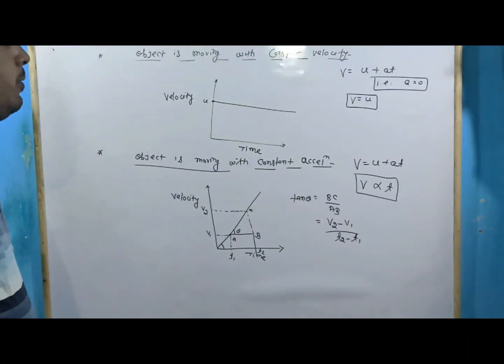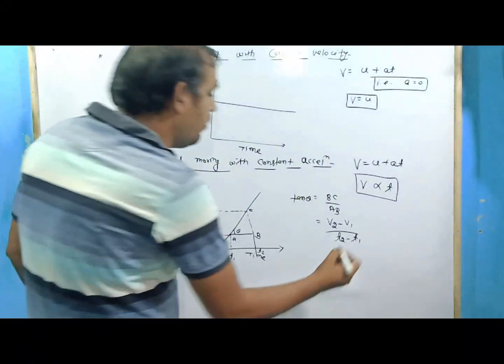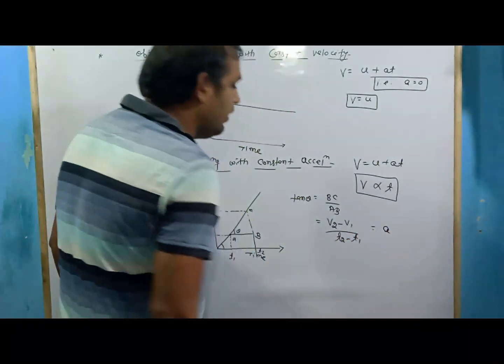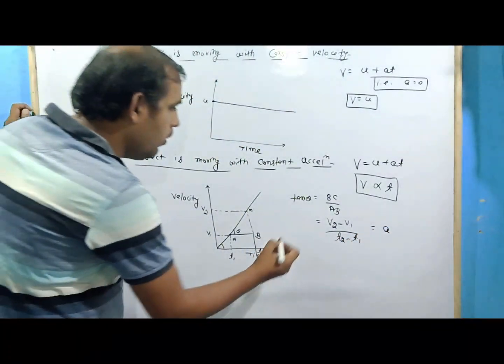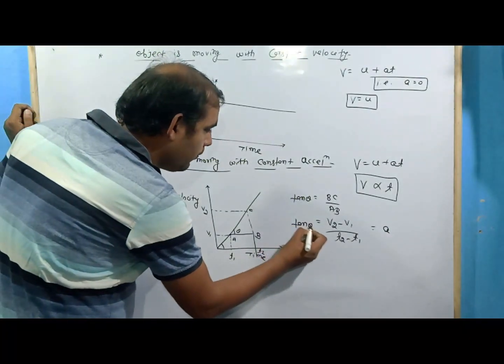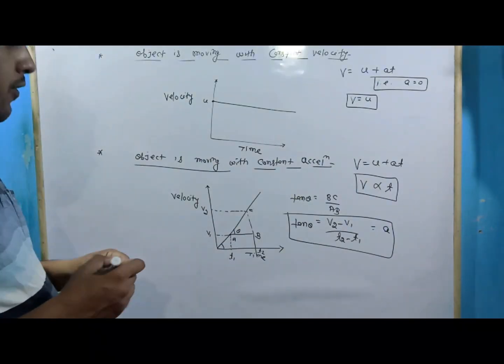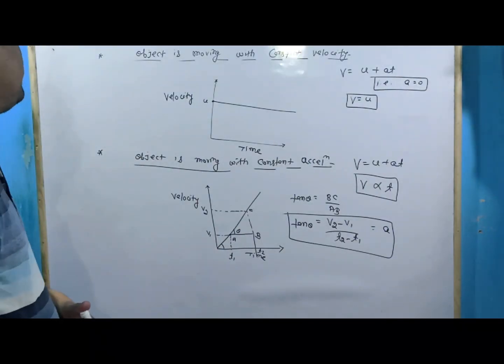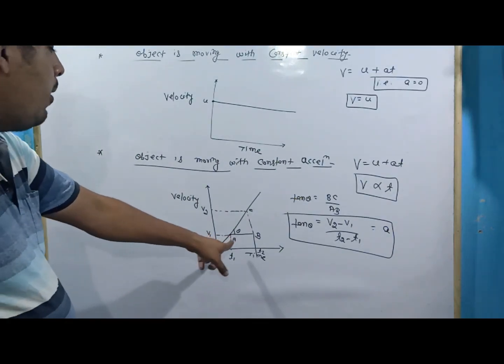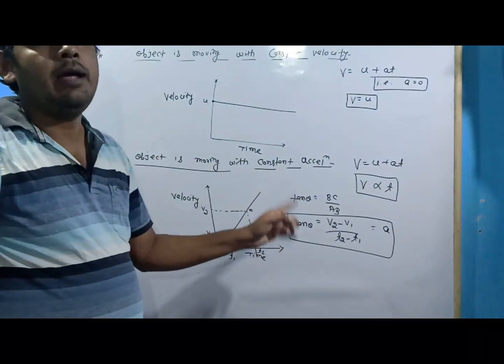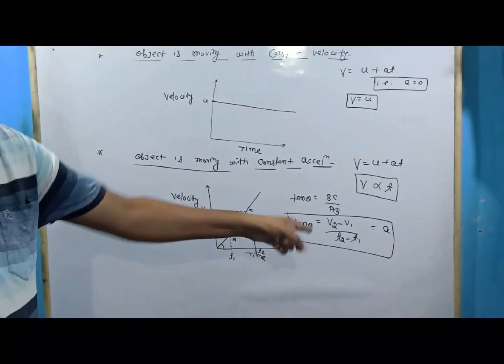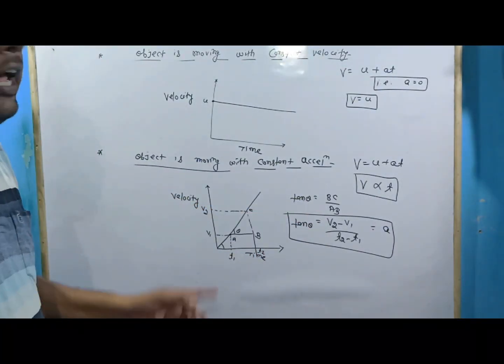Now what is V2 minus V1 upon T2 minus T1? That is called the magnitude of average acceleration, that is A. So from the slope of a VT graph, velocity time graph, I can conclude that the slope of the VT graph is going to give us the magnitude of the average acceleration during the time interval.